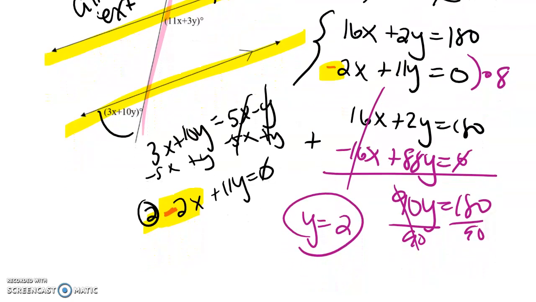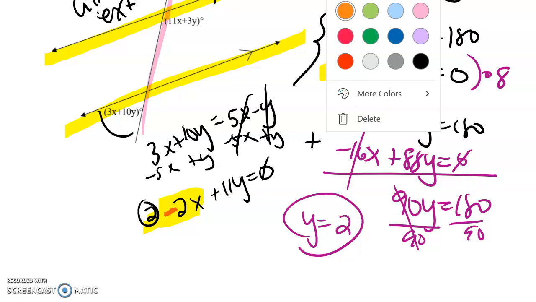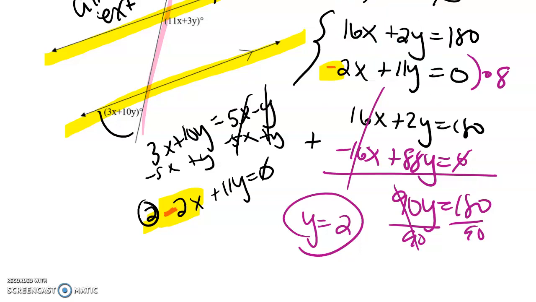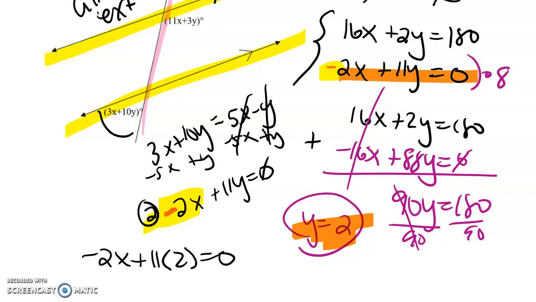So what I'll do is take one of my original equations and plug in my value for y. For instance, we could take equation number 2 over here. I can take my y is equal to 2 and rewrite that by saying, okay, negative 2x plus 11 times 2 equals 0.